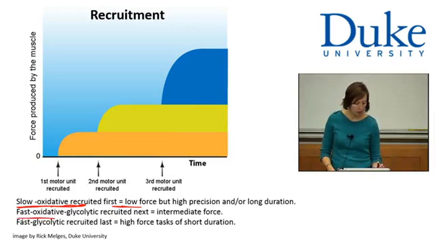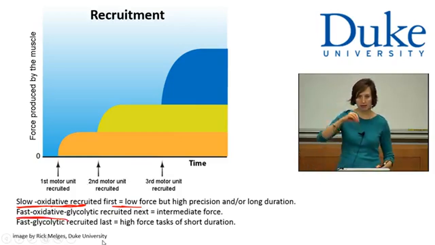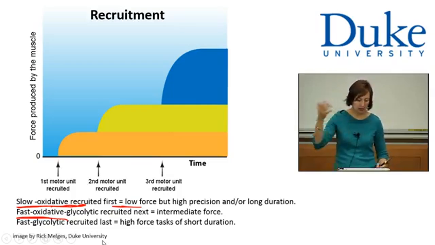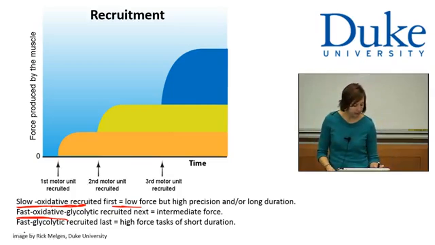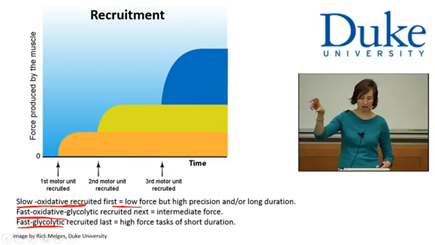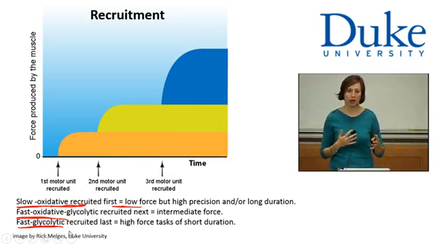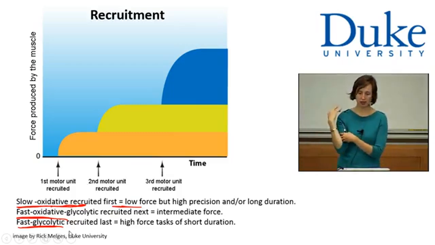Then you'll tend to recruit fast oxidative glycolytic fibers if you still need more tension. And then if you require even more force to be produced, then you will also then recruit the fast glycolytic fibers.